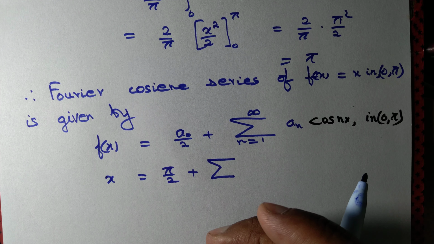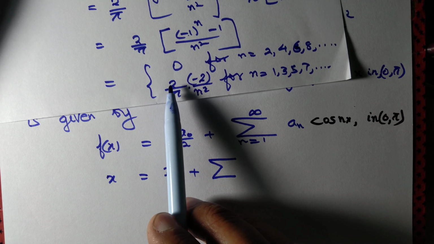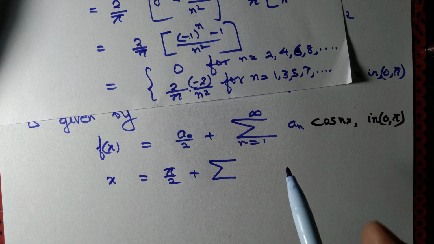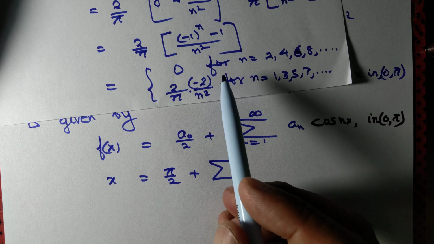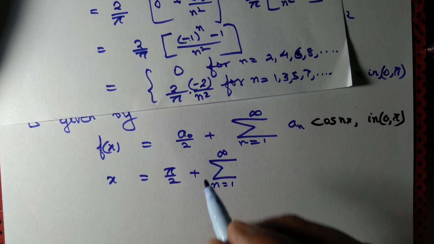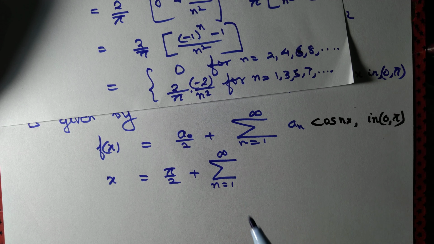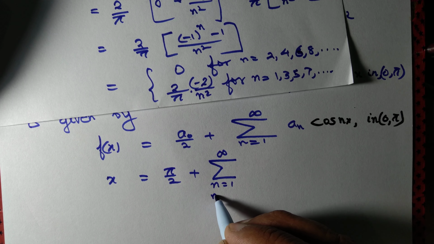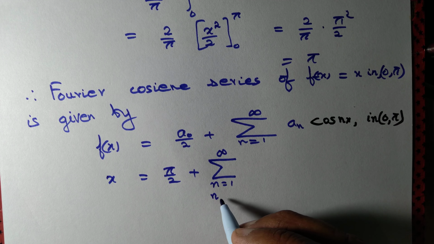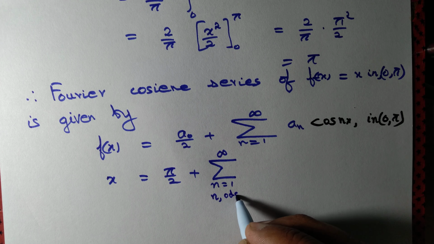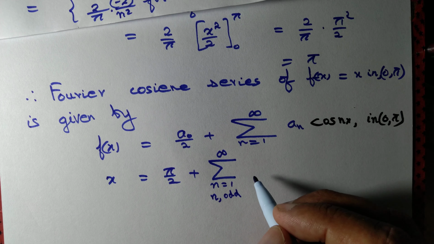As we have seen earlier, if we take n even, then an is 0. So n goes from 1 to infinity, but in this sum, if I take n even, these are all 0, so we'll just take n odd, n goes from 1 to infinity.